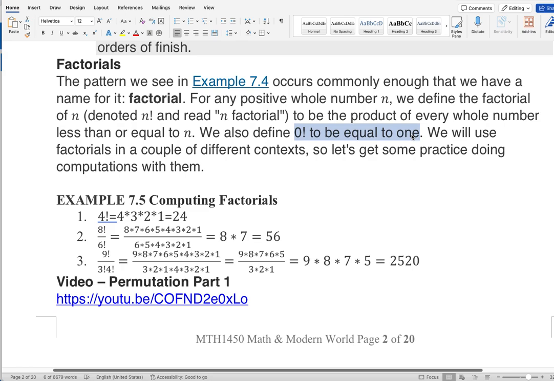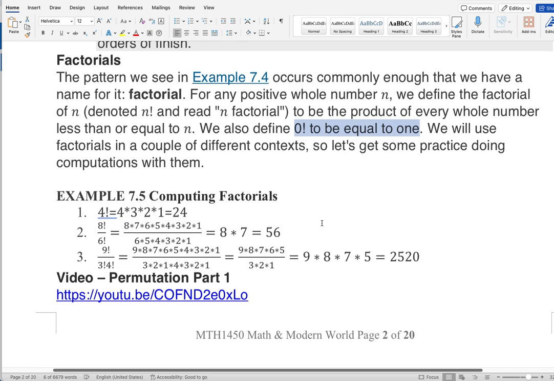Make sure you know 0 factorial is 1. 1 factorial is 1, as you may expect, and 0 factorial is 1, too. That's for the moment, just remember 0 factorial is 1, okay. So we move on to the discussion of permutation.